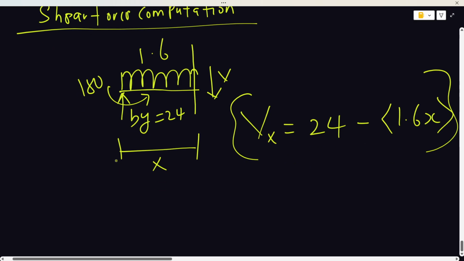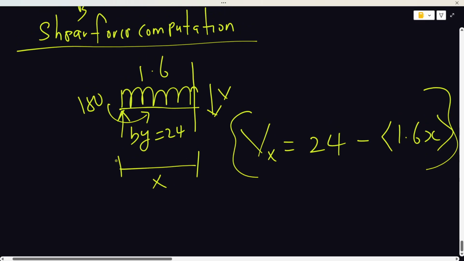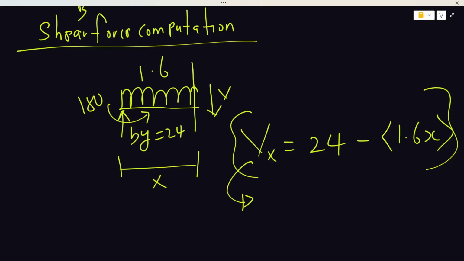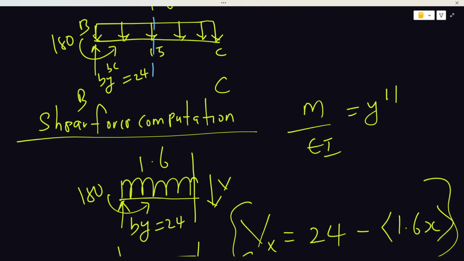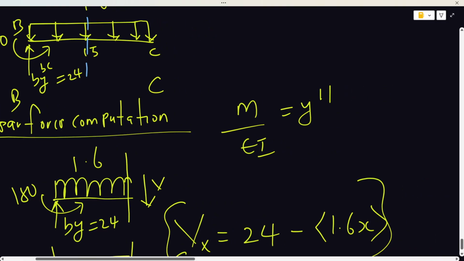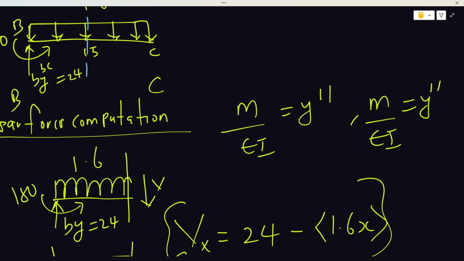So this is equals to that. Now, of course, we will need this equation. I don't like to normally differentiate my bending moment equation. I mean, when I differentiate my bending moment, I get my shear force, right? M over EI is equals to Y prime prime. This for bending moment, and this, Y prime prime prime, for shear force.